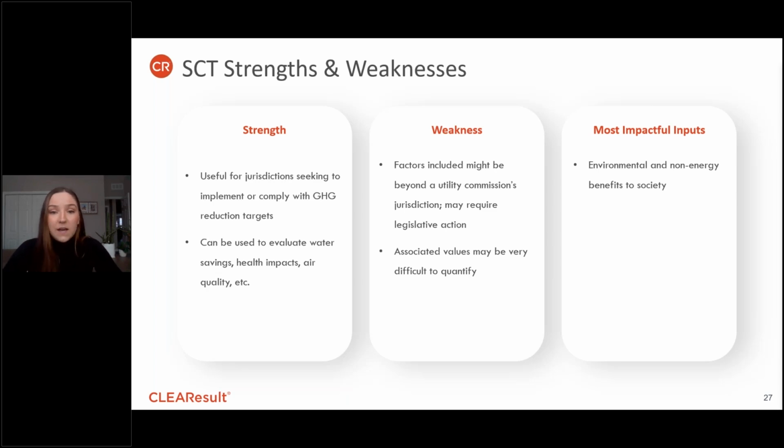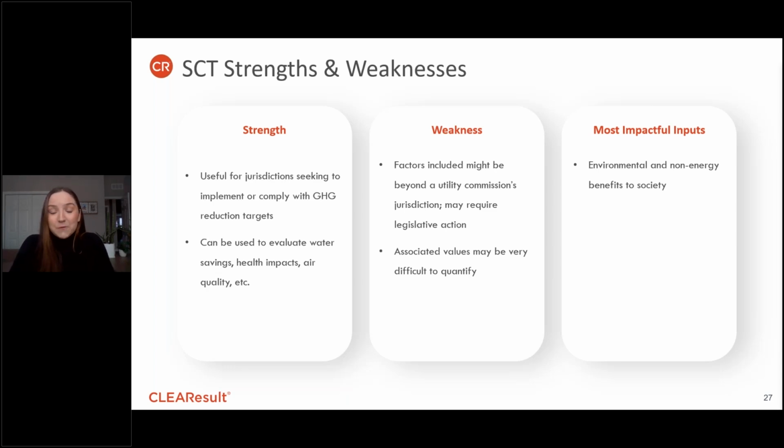A weakness: factors included might be beyond a utility commission's jurisdiction. So a few of these pieces might be something that you need the state legislature to get involved with to quantify or do maybe some studies on. Also, associated values can be very difficult to quantify.